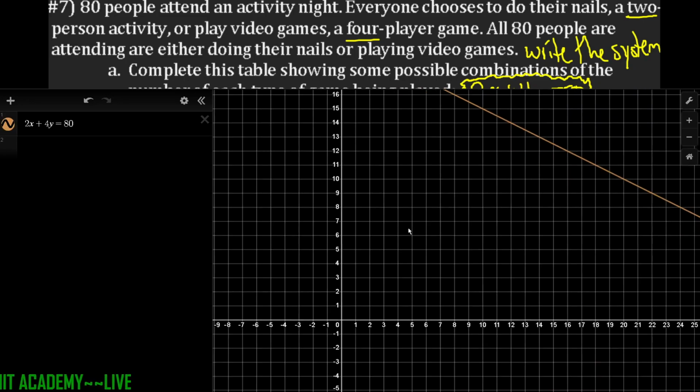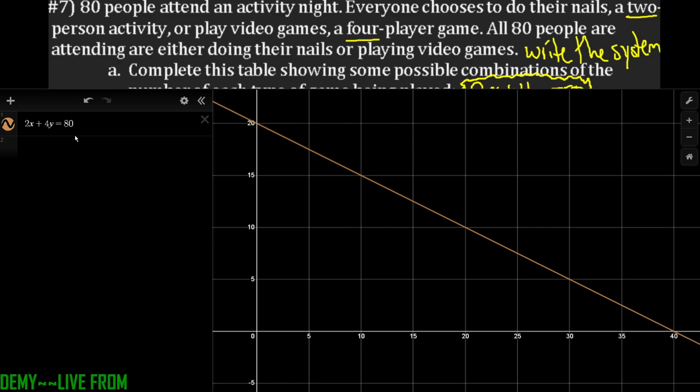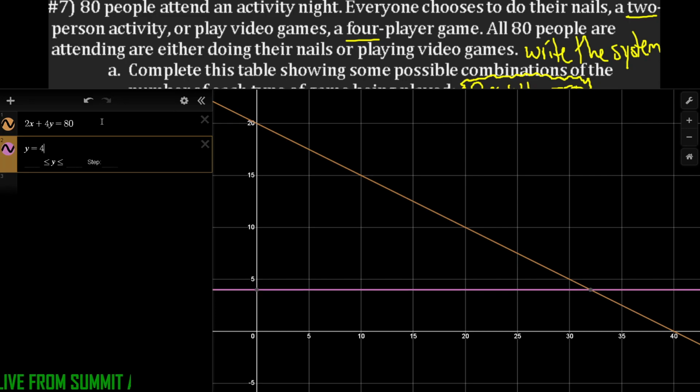Zoom out, find that equation, something like this. Okay, so here's our first equation. And we said, okay, well, what happens when y equals 4? If you type in y equals 4, it graphs its own line, and you see where they intersect. So that's how we got x equals 32.